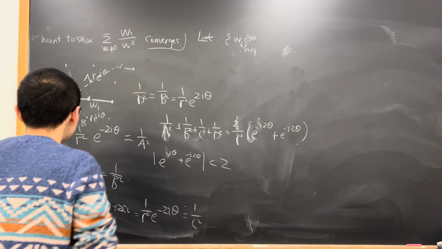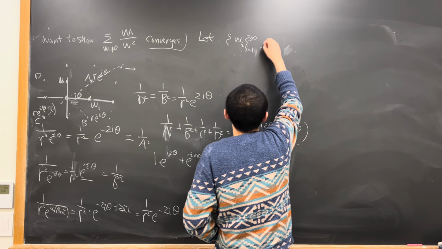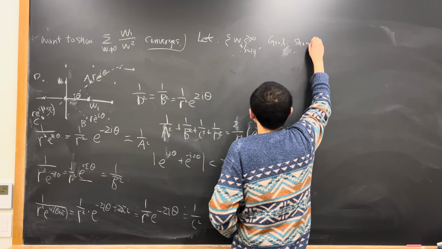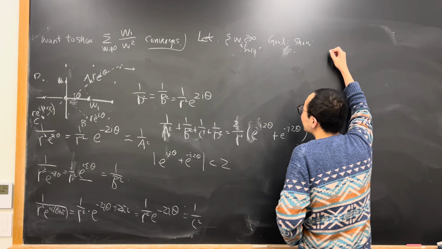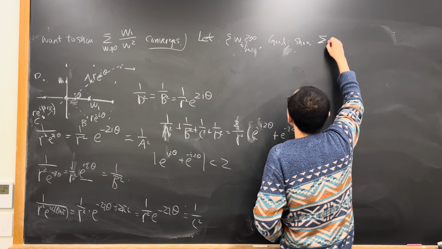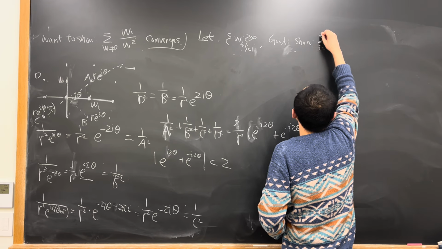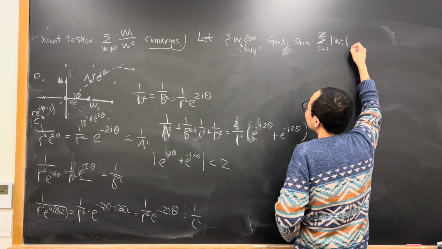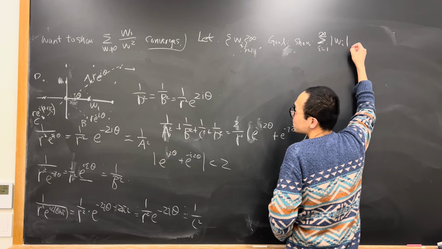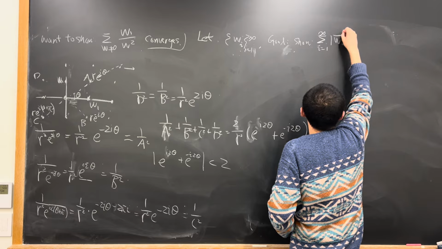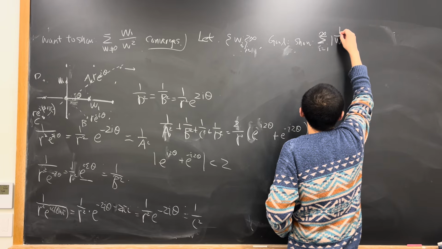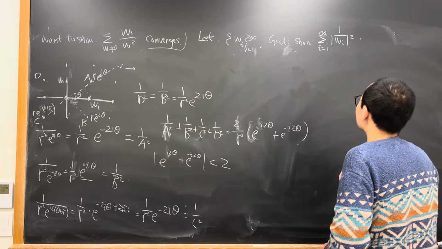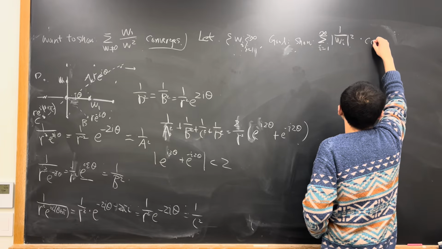So our goal is to show that the summation, i from 1 to infinity, of 1 over modulus omega i squared converges.